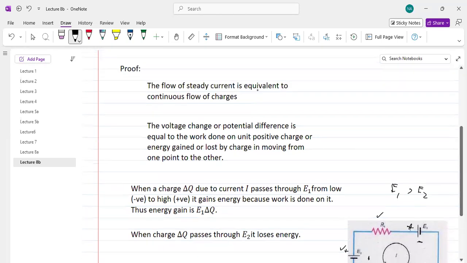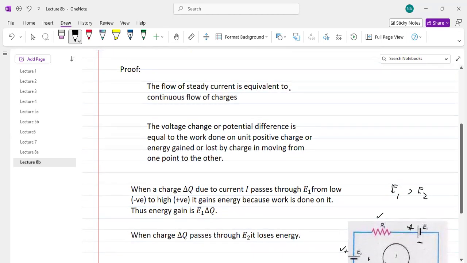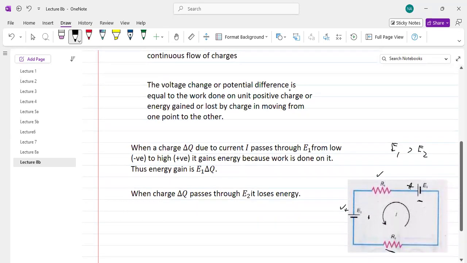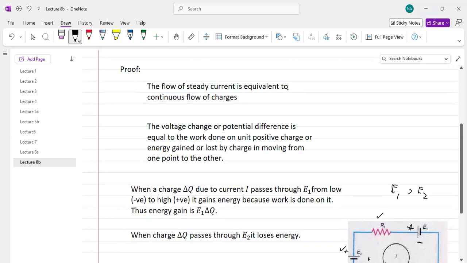Now we come to the point, after having some understanding of this circuit. The first thing we should keep in mind is what is meant when a steady current flows through the circuit. When we say that a steady current flows through a circuit, this is equivalent to the continuous flow of charges.